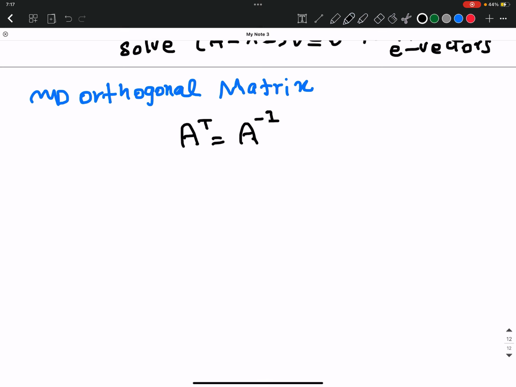This means that if I multiply the transpose of the matrix by itself, I will basically get A minus 1 times A, the inverse of the matrix times itself, which will give me the identity matrix.